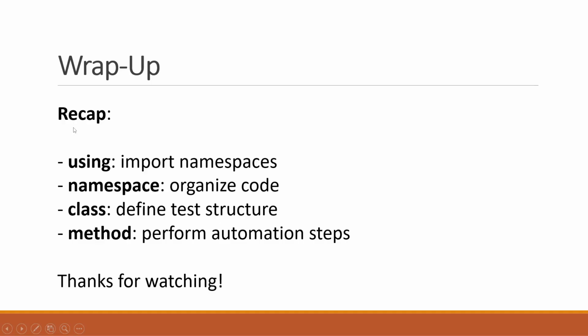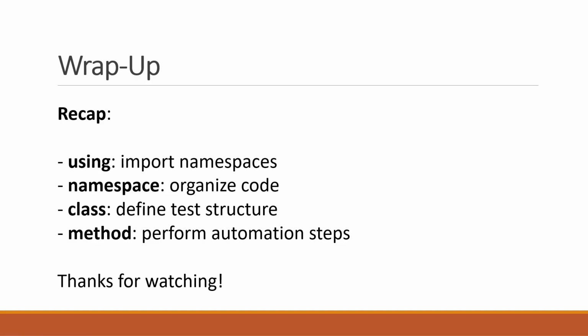What we have studied in this section: using imports namespaces, namespace organizes the code in a structured format, class defines the test structure and contains methods, and methods contain a group of code intended to perform a particular action.